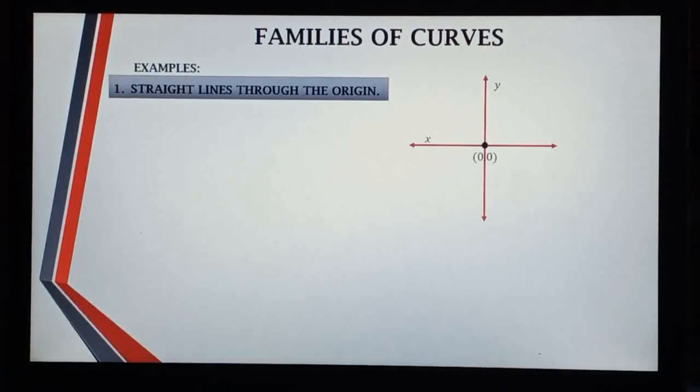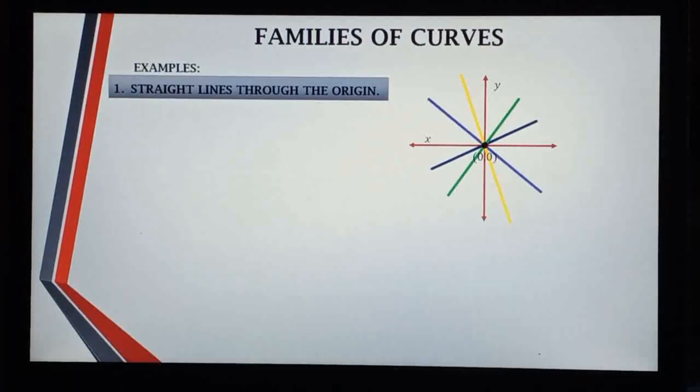So any line na dadaan dun sa point na 0, 0 or the origin. Pwedeng yung blue line, pwede rin yung violet line, pwede rin naman yung green line, and lastly, pwede rin naman yung yellow line. So kahit alin sa kanila, basta dadaan dun sa origin, yun yung kukuhanan natin ng differential equation.